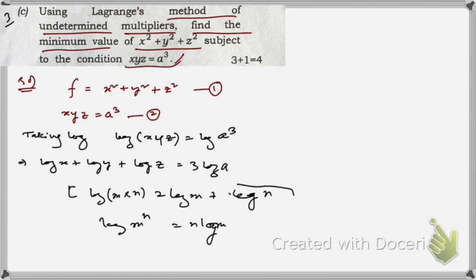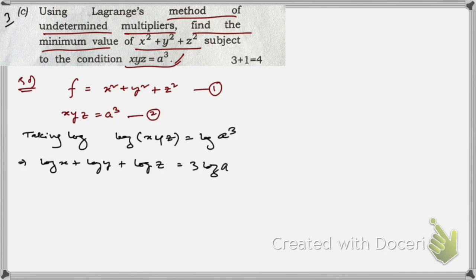So now let me clean these things. So here you can see that it can be written as log of x plus log of y plus log of z minus 3 log of a on the other side, that's equal to 0. So now let us take this left hand side part as phi.